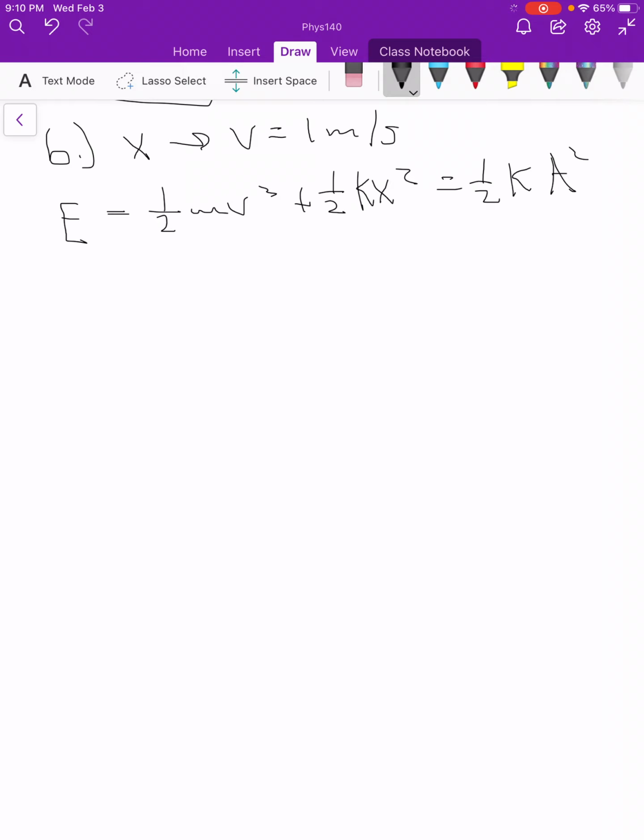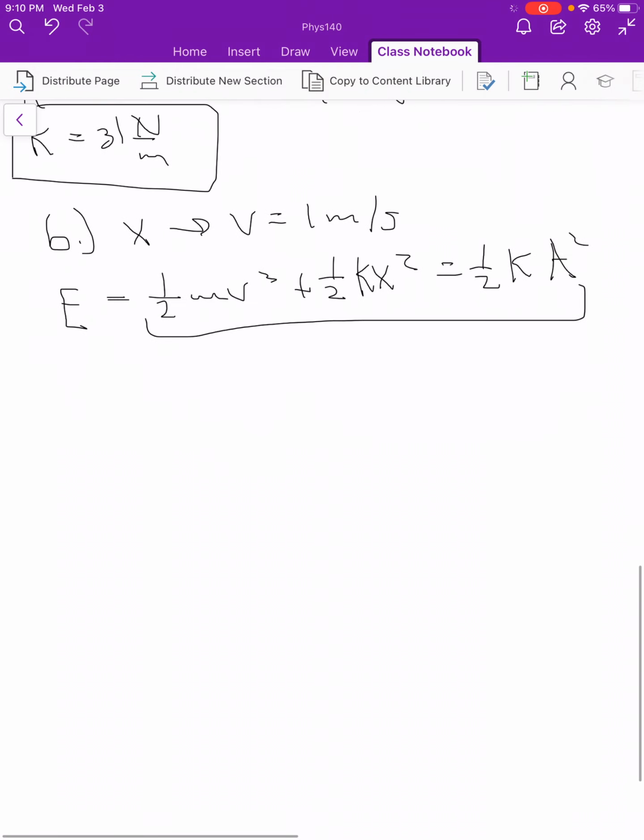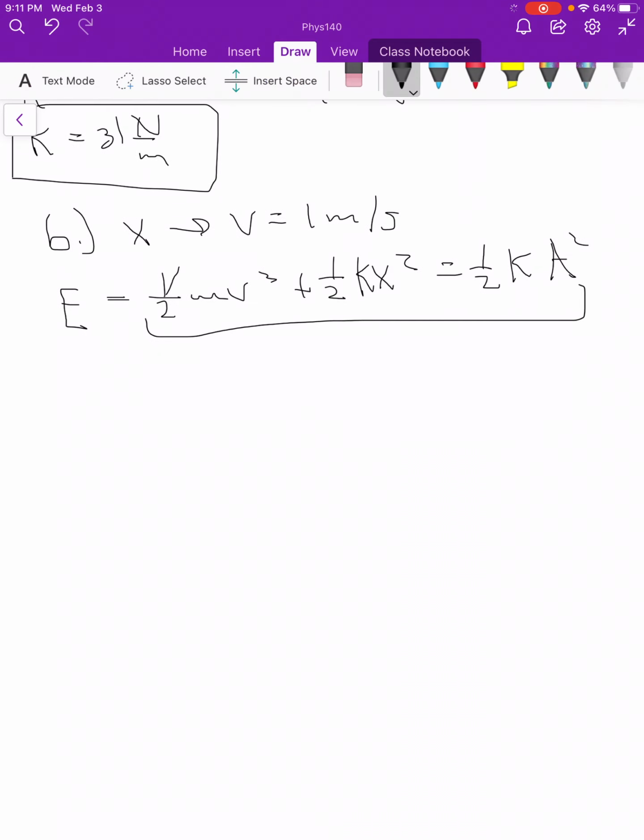So here I'm going to work with just this right equation. I'm going to get rid of all the 1/2's, and let's do this in red.